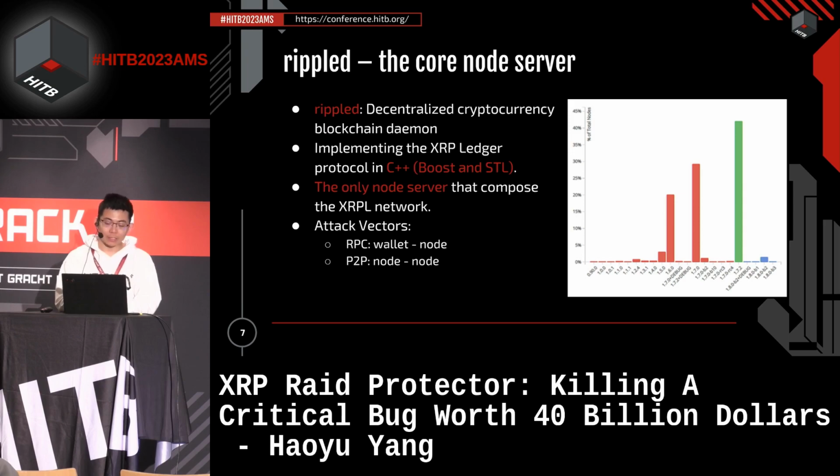So I started to analyze the attack vectors and found that the two main attack vectors are RPC and P2P. Considering that the RPC service is not always open to everyone, I chose to fuzz the P2P protocol.